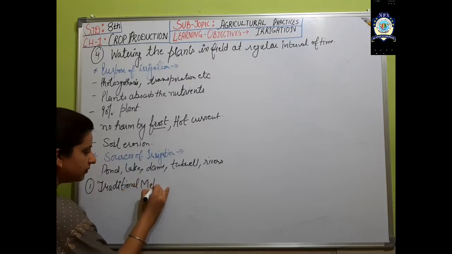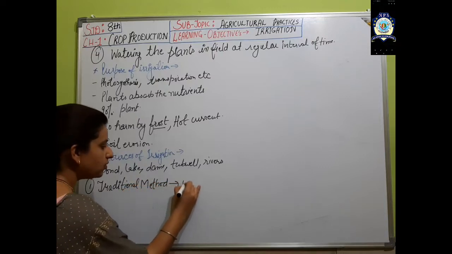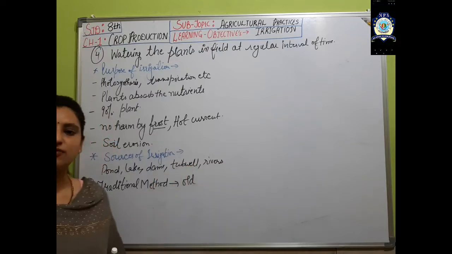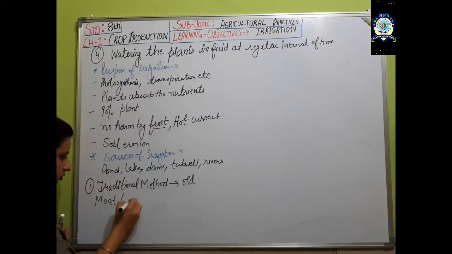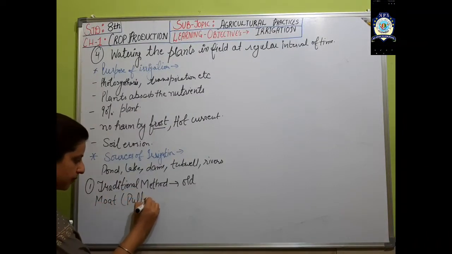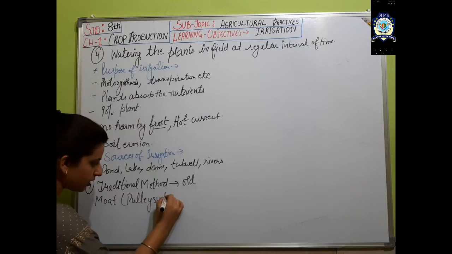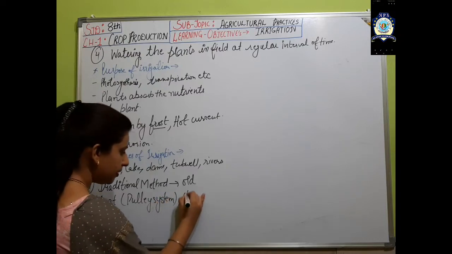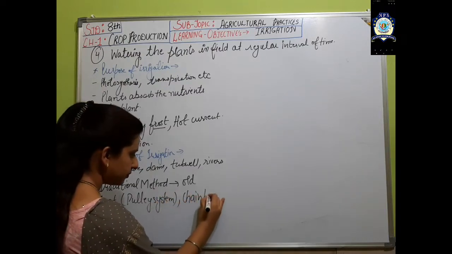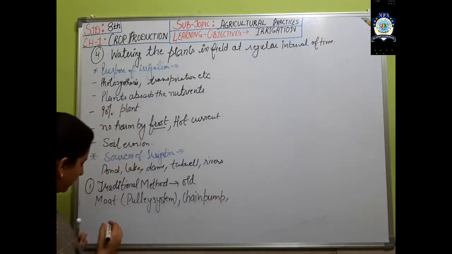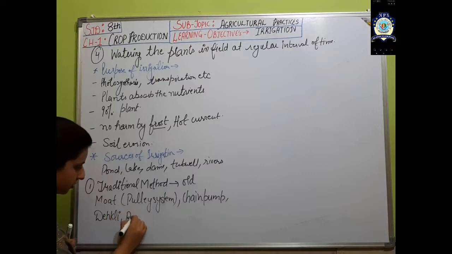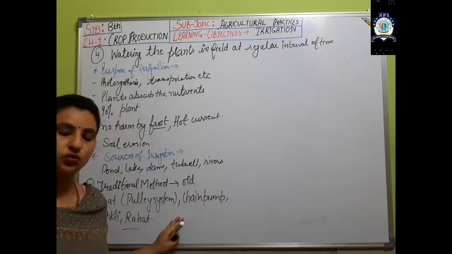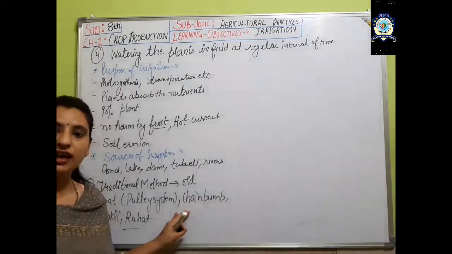It is the old method, and in this old method a number of practices were there, like moat, which is called the pulley system, then chain pump, then dhekli and rahat.